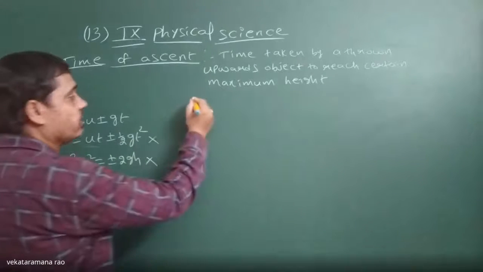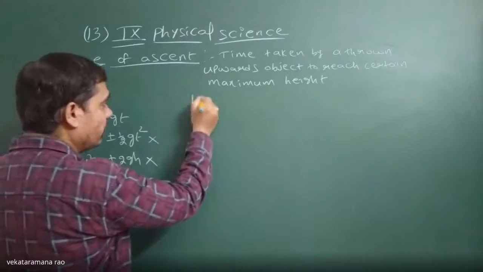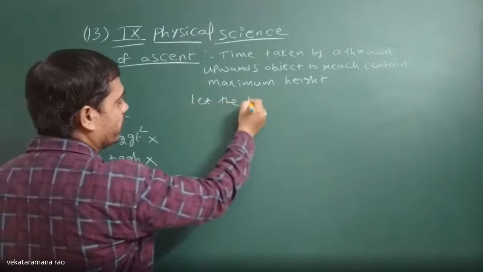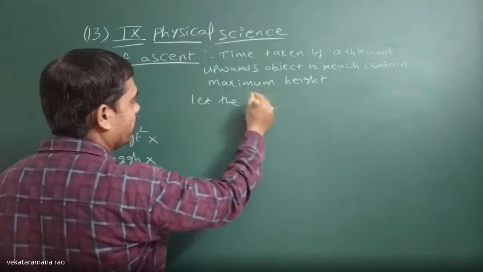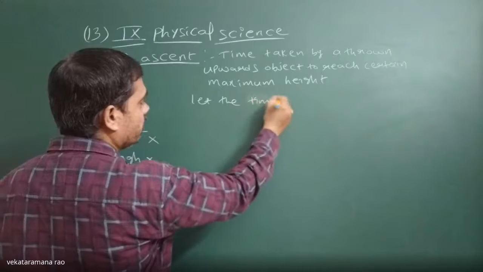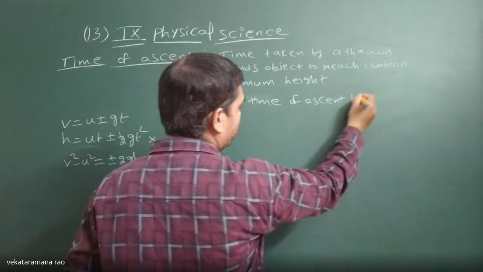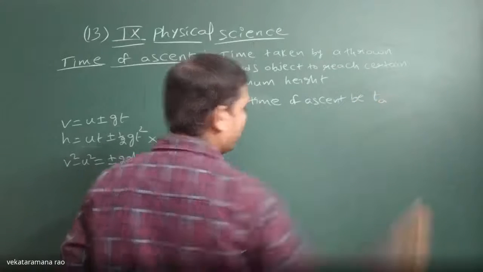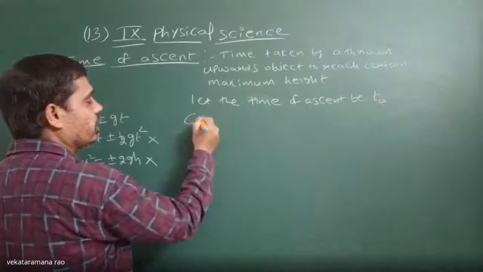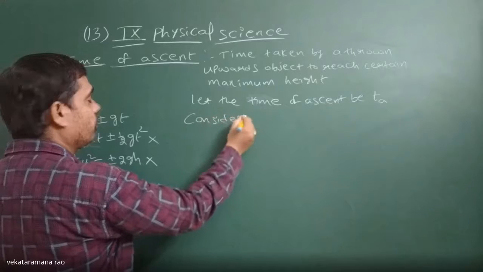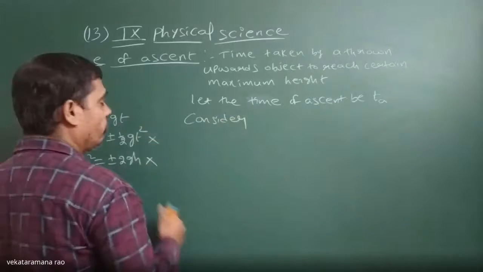So let the time of ascent be TA, you assume. Only this equation you have to consider. Why not the other two?